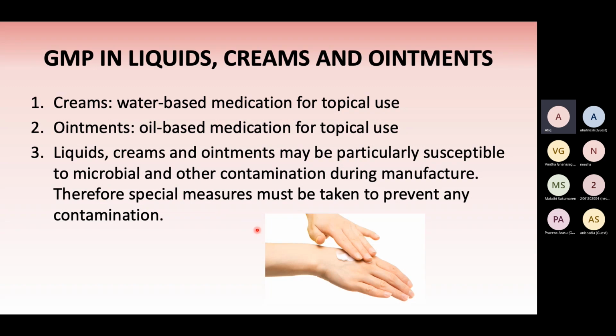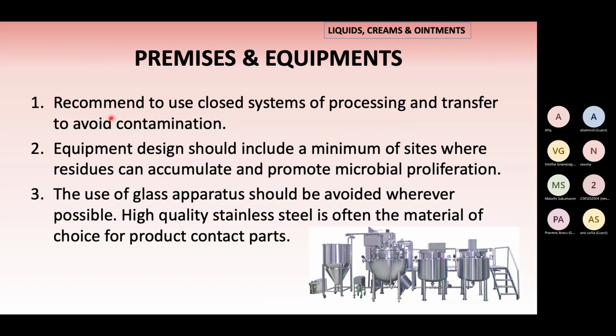Therefore, special measures must be taken to prevent any contamination. So on the premises and also the equipment, it is recommended to use closed systems of processing and also transfer to avoid contamination.